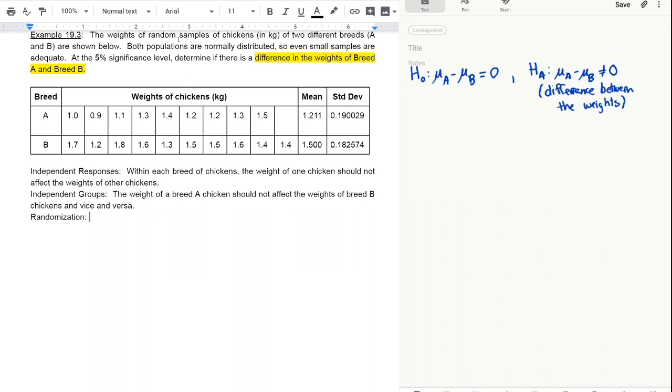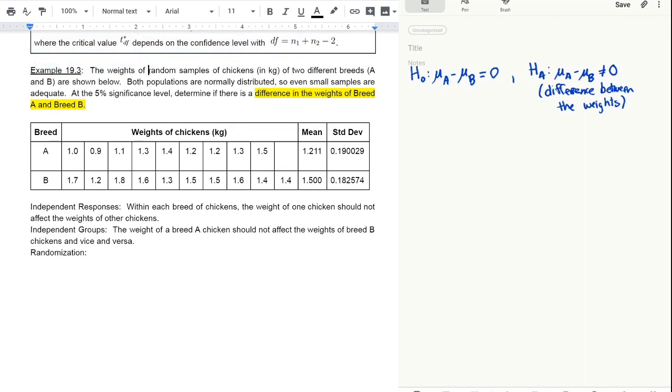Okay, so to check for this assumption, we'll look at randomization. So we're given that we have random samples of chickens, and so this condition is met. And for the other assumption, we need to have normal populations, and we're given that both populations are normally distributed.